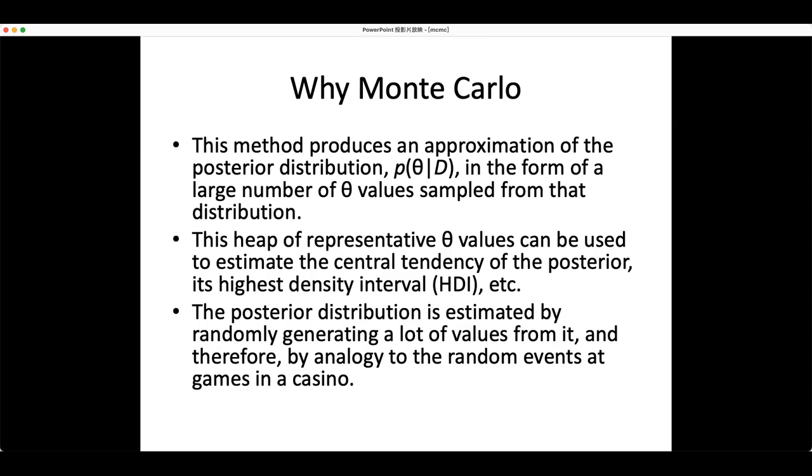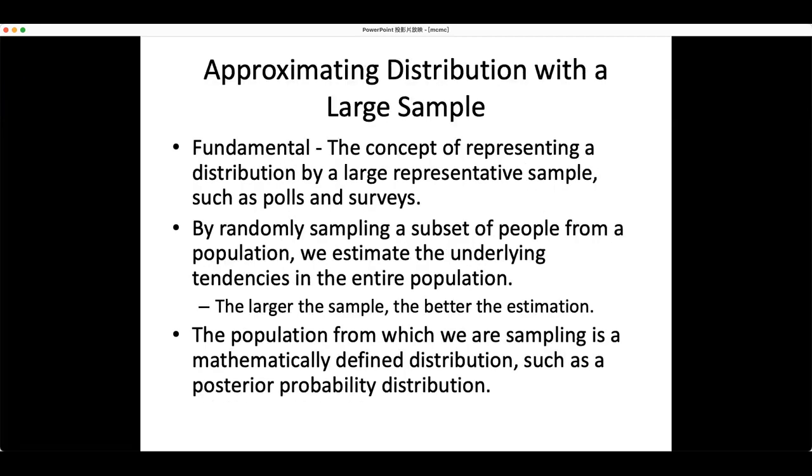So we naturally named a random process after Monte Carlo. Here we want to approximate a distribution with a large amount of samples.